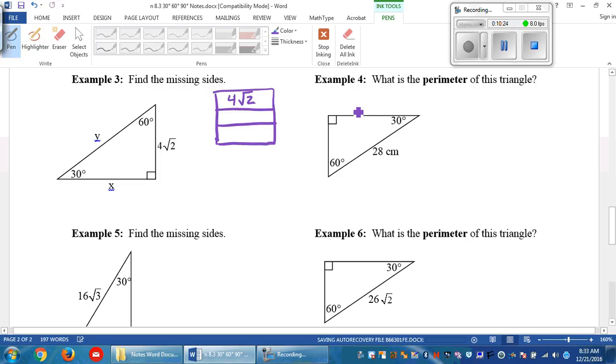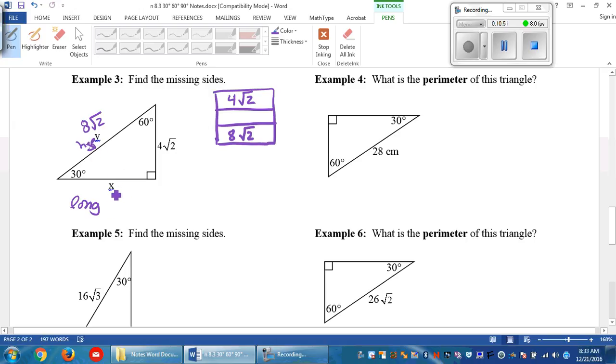Okay. We can double that. That's easy. If you double that, what do you end up with? If you took this and times it by 2, you would get 8 root 2 down here. Okay. Now the challenging part is the 8 root 2 goes here because that's the hypotenuse. The long leg side, the x value, that's the hard one.